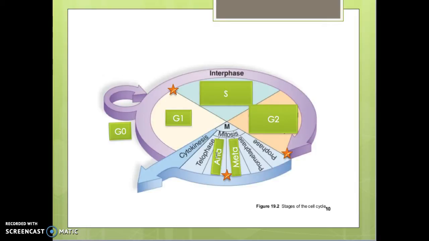And if that doesn't attach to them, then anaphase won't start. Or if the MPF does not produce enough spindle, then anaphase won't start either. And what this really shows is that the MPF inside the cell is an internal factor that will affect the stop and go checkpoint in between metaphase and anaphase, or the M checkpoint right here.